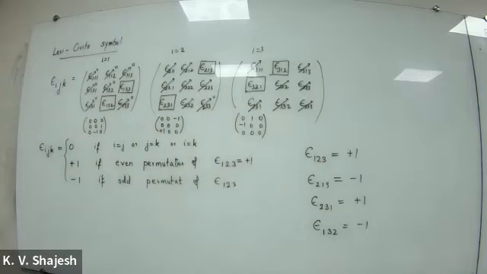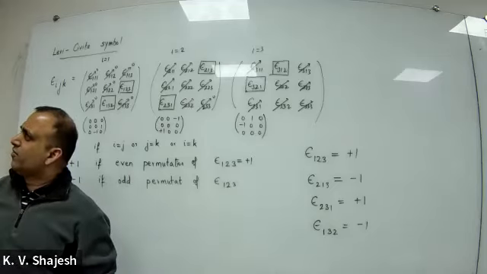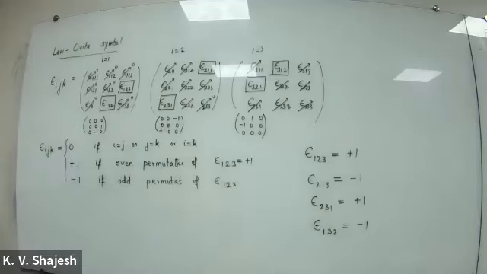Okay, so let's think of a cross product, A cross B. If I'm thinking in terms of index notation, that's Ci, right? That's a vector.